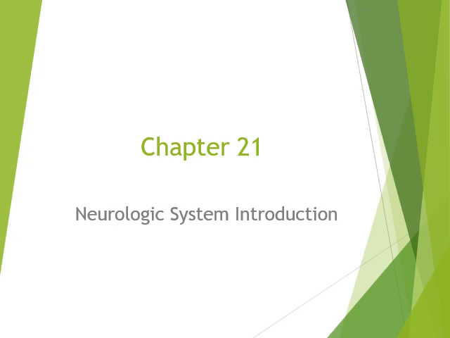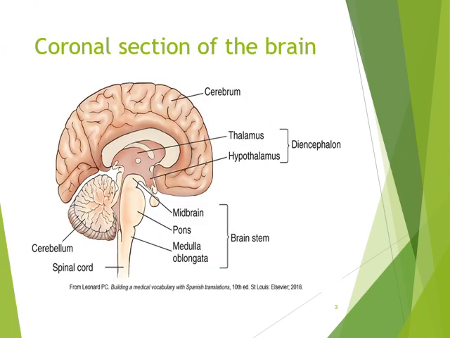So let's start with this coronal section or cross section of the brain. Now it is in your book on page 347, so you can take a look for a better picture if you want. But the basic part of the brain is the cerebrum. That's the largest part of the brain. In the middle of the brain is the thalamus and hypothalamus.